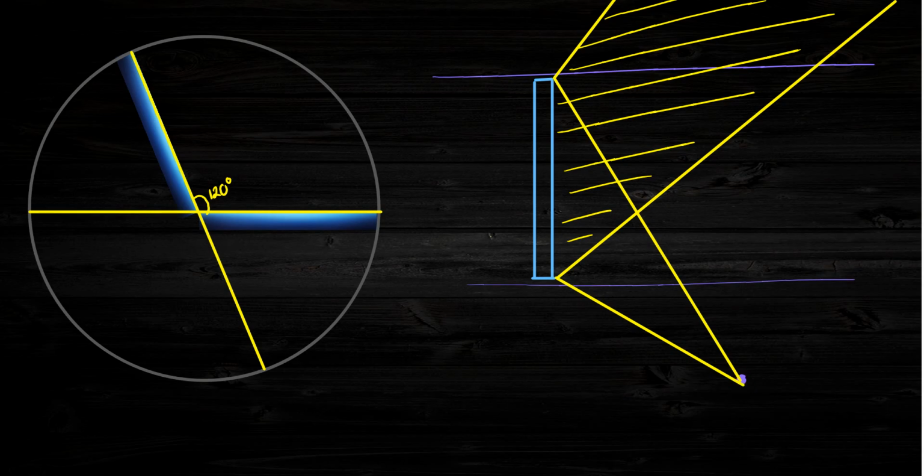But let us see what happens to an object that is placed behind the mirror. Let us say this is the mirror, and the object is placed anywhere behind the mirror. In that case, the object will not form an image. The reflecting surface of the mirror is towards the right hand side in this diagram.